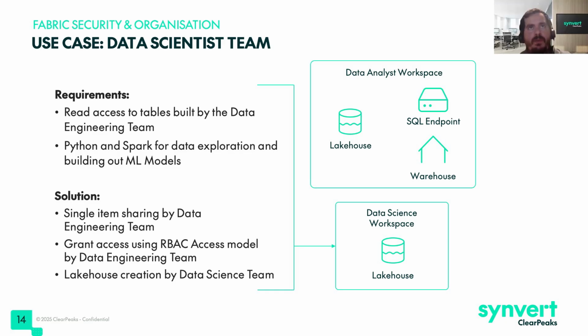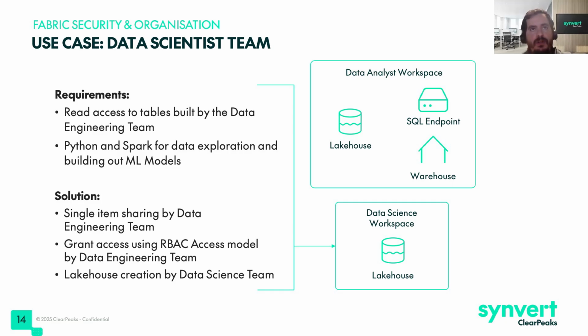Our requirements were to grant access to some specific tables from the data engineering team and enable our data scientist team to use Python and Spark for data exploration and notebooks on the Fabric environment to build new solutions like a machine learning model. So how did we achieve that? We provided a single item sharing of the lakehouse on the data engineering workspace.